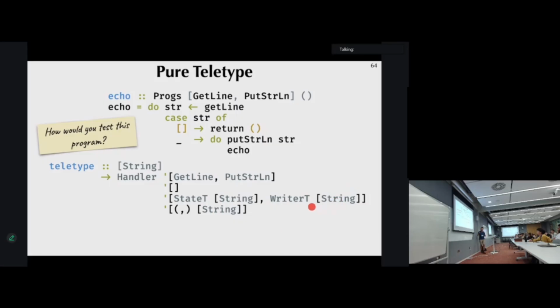Because these two things, the state T string and the writer T string, represent different parts of the state. This state T string represents the input string that's being consumed and modified as you go. This writer string is an output string that somebody is logging and writing that you're able to write to. And then at the end, you get back the result of the state in this particular version, so you can see what the unconsumed input is.